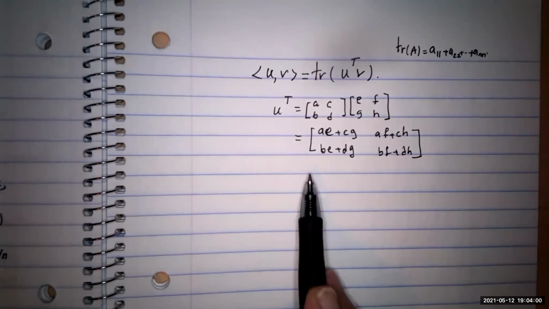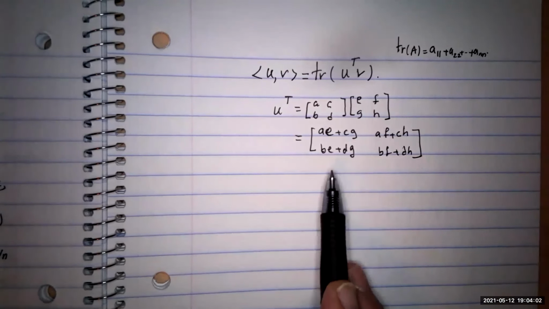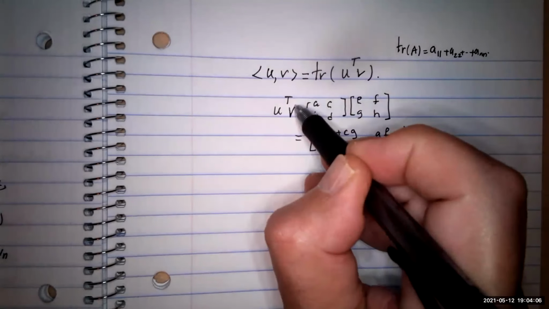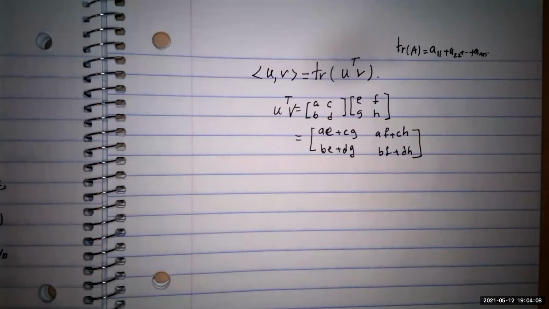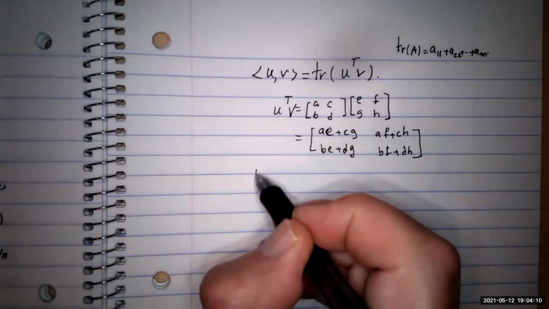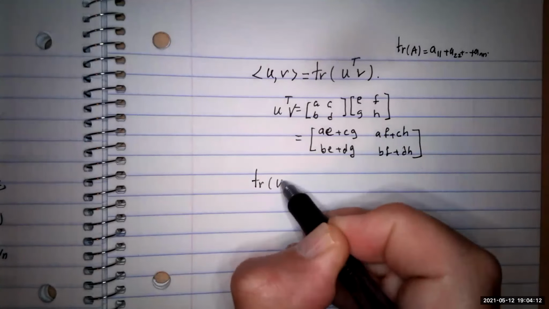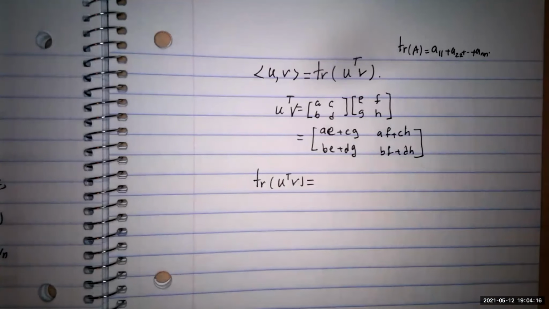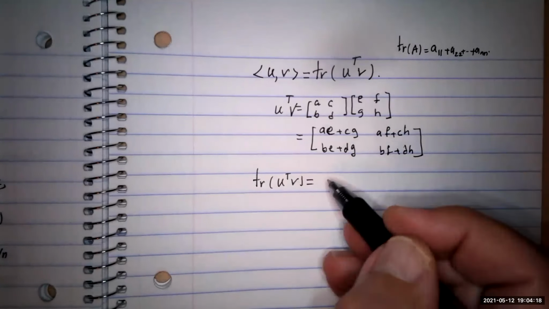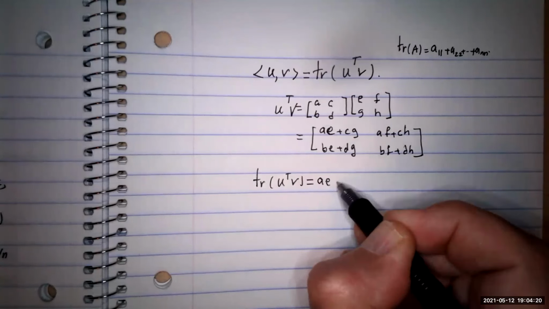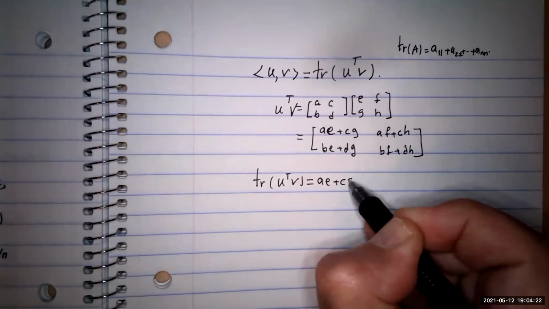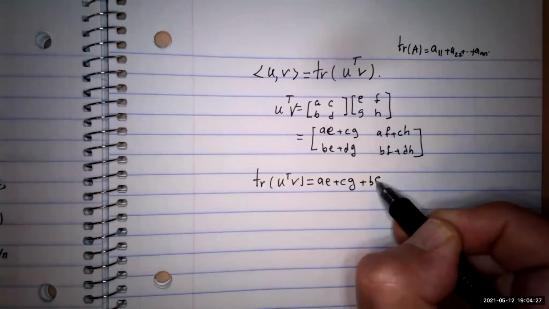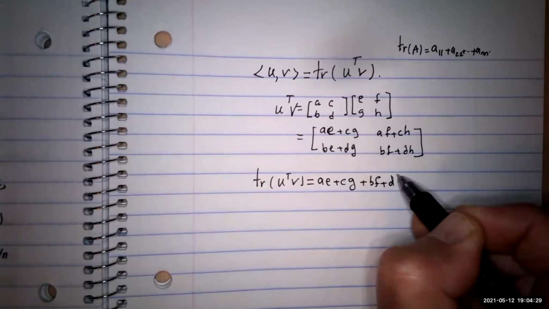Now that's U transpose times V. What's going to be the trace? The trace is just the sum of the numbers on the main diagonal. So that's AE plus CG plus BF plus DH.